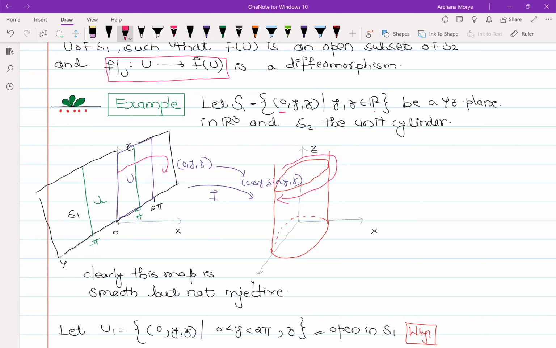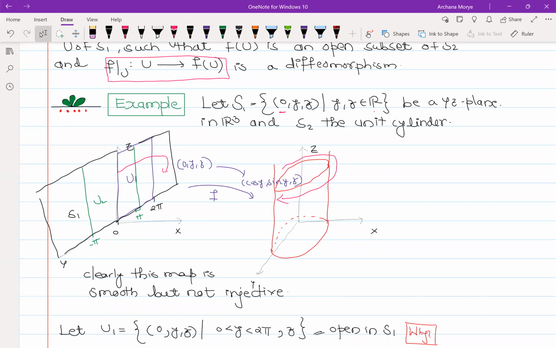Surjectivity will be there, I think. Yes, surjectivity will be there. Injectivity is lost. In fact, for every point you will have infinitely many pre-images, right? Because you can take everything and just add 2 pi to it and you will get it.